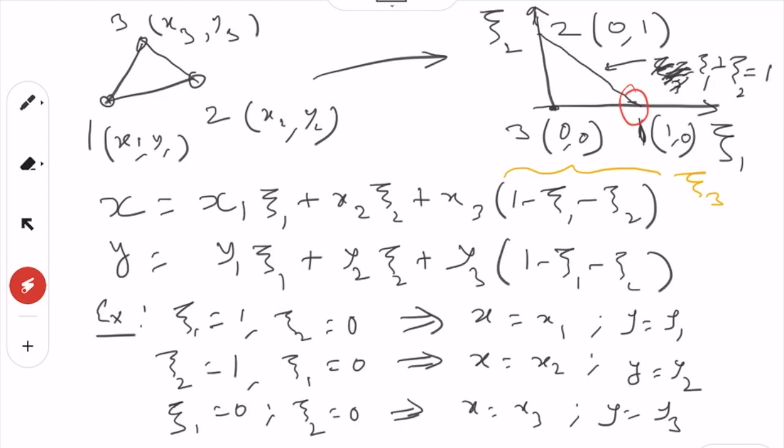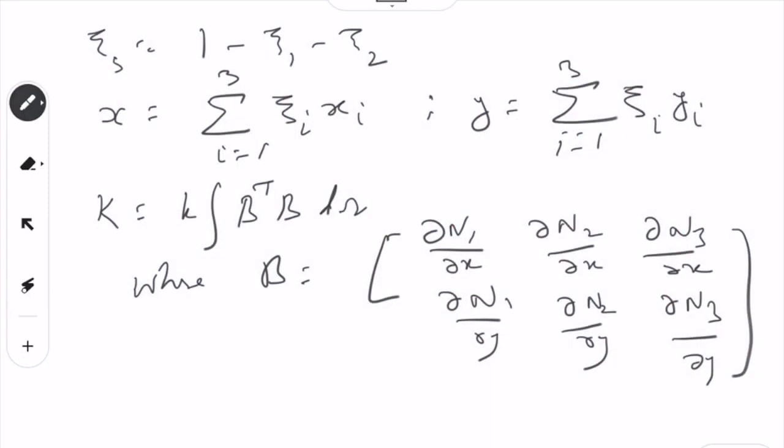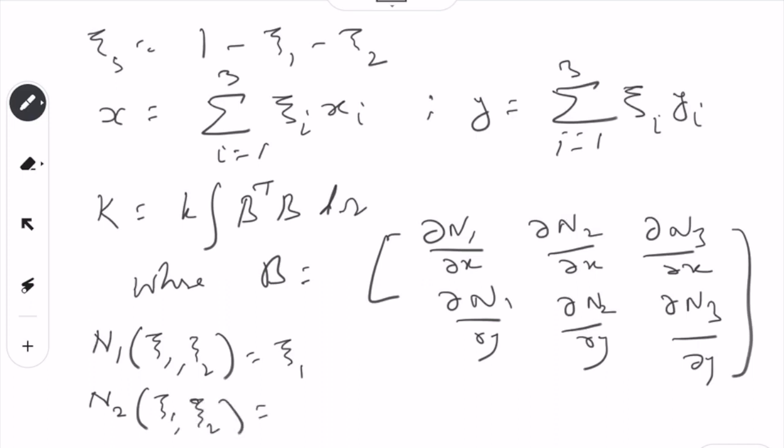So N1 of xi1, xi2 is simply equal to xi1, N2 is equal to xi2, and N3 will be equal to 1 minus N1 minus N2.